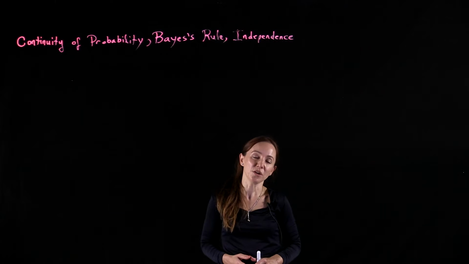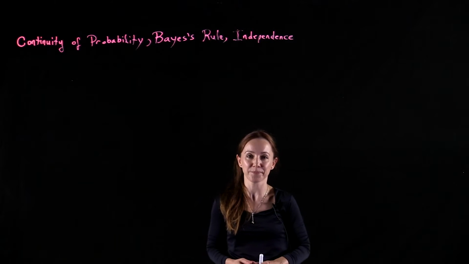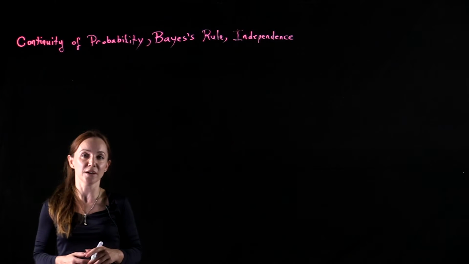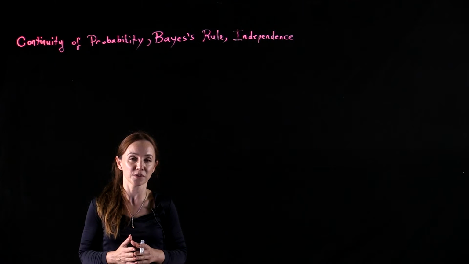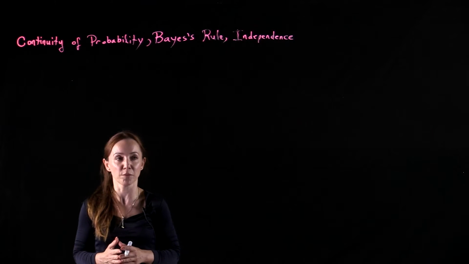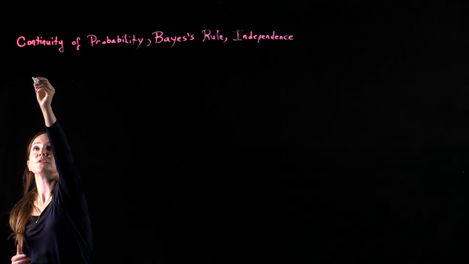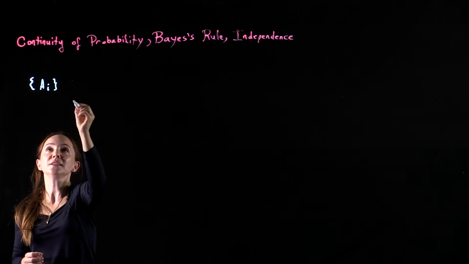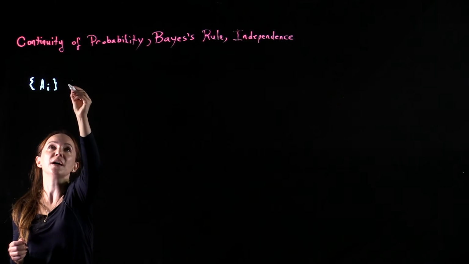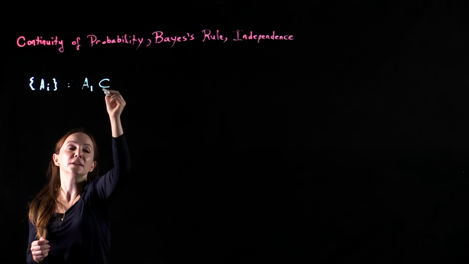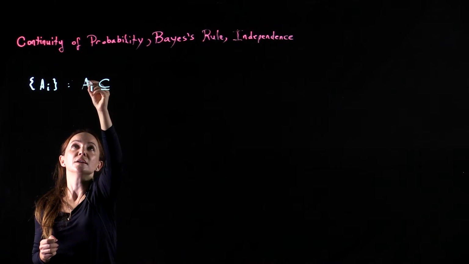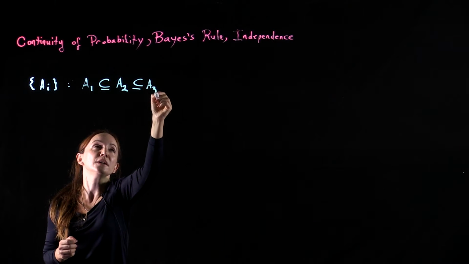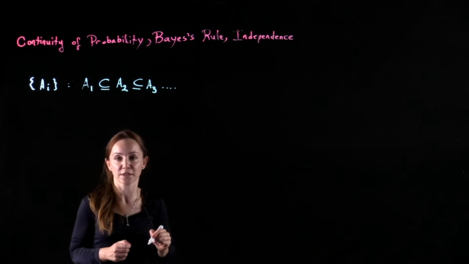So last time we talked about some properties of probability. One property of probability that you may not have discussed in undergraduate courses is the continuity of probability. So consider a sequence of events A_i, such that this is an increasing sequence of events where A1 is a subset of A2, A2 is a subset of A3, and it goes on like this indefinitely.